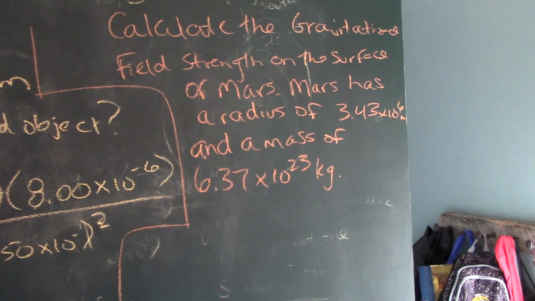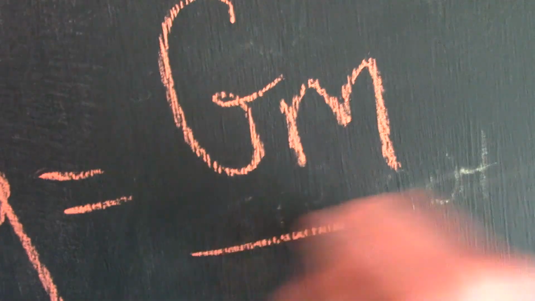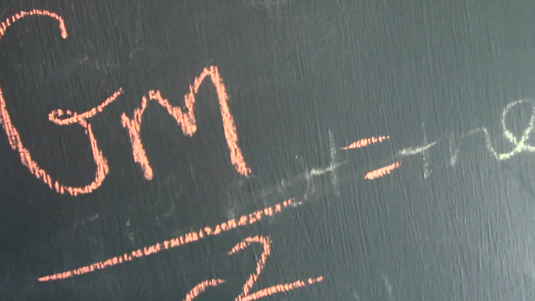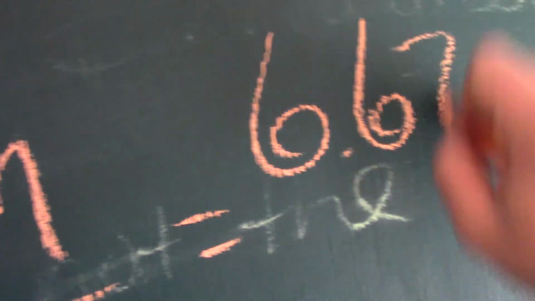Okay, so again, very, very similar to electric field strength, but the gravitational force uses this equation. So your gravitational constant, right, is 6.67 times 10 to the negative 11.